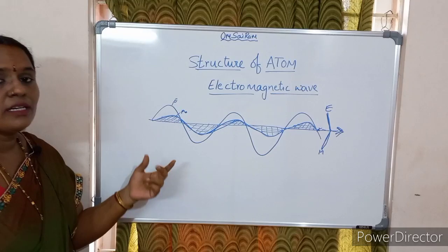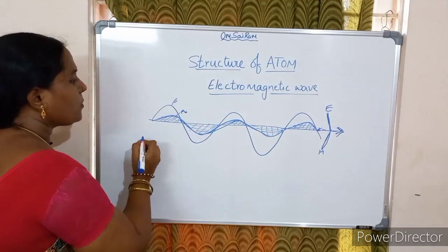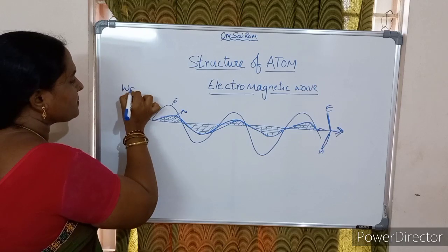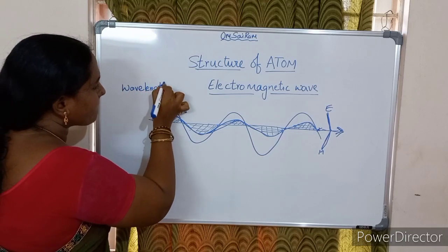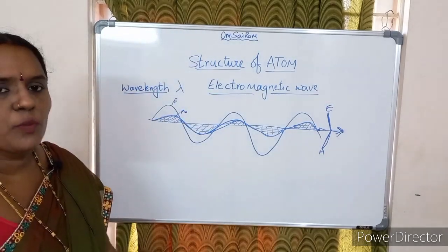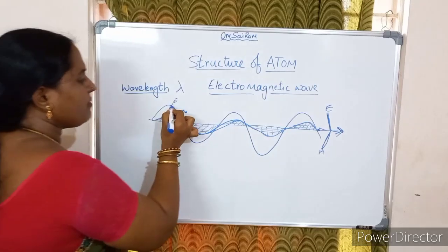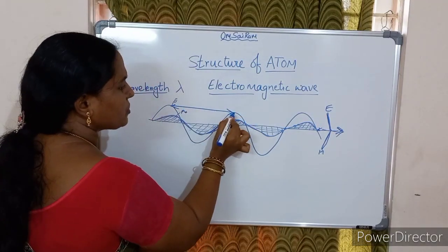What are the main features of electromagnetic waves? Electromagnetic waves possess wavelength. It is denoted by lambda. Wavelength means the distance between two successive crests.